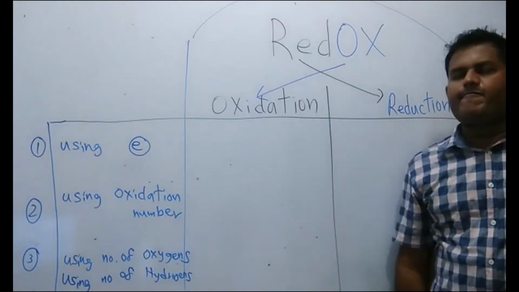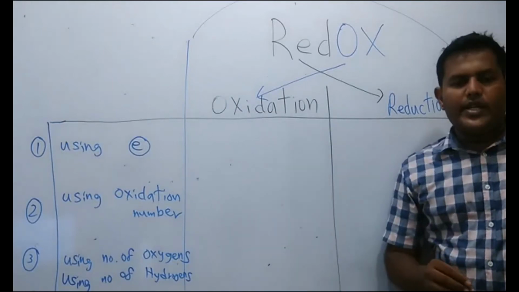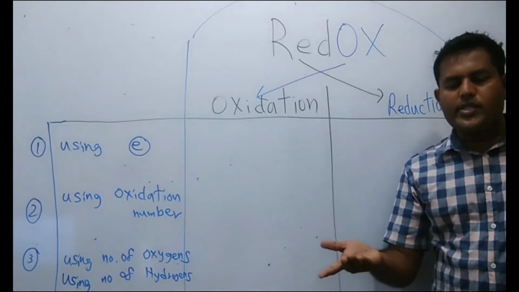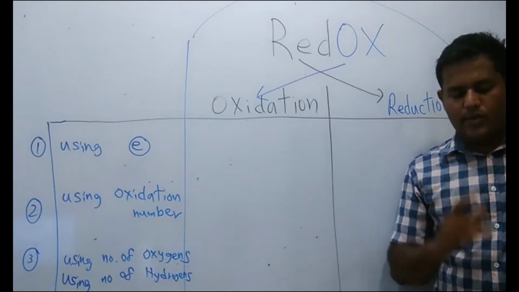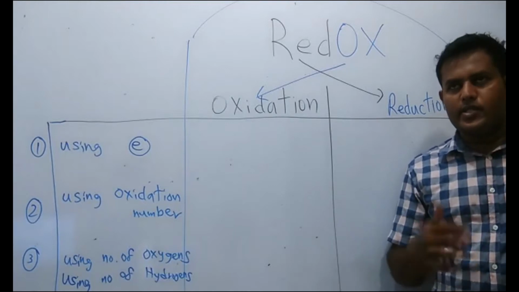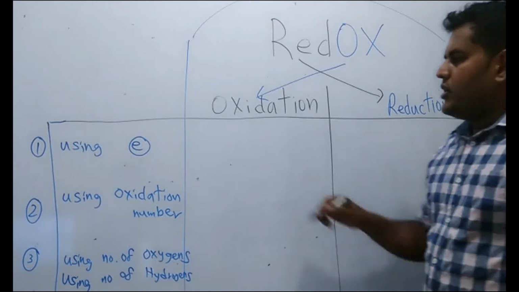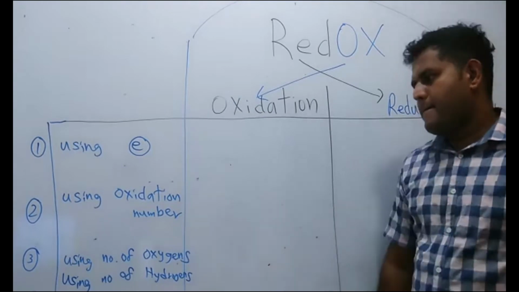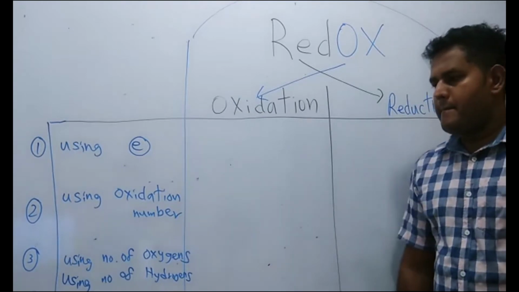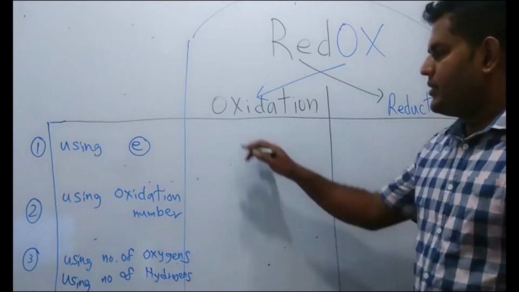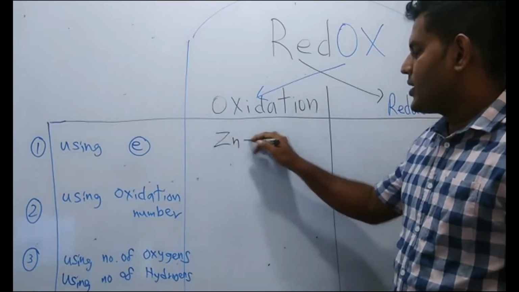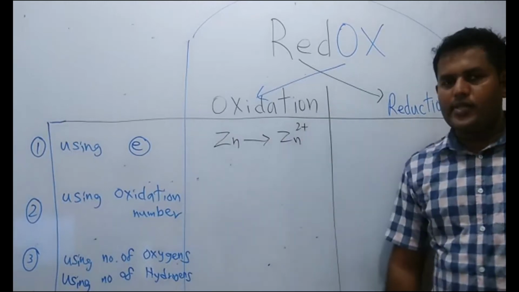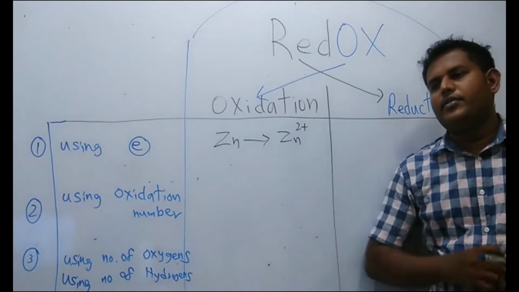Number one. We can explain oxidation using electrons, whether it is the removal of electrons or gaining electrons. See here. Zinc is converted into zinc 2 plus.